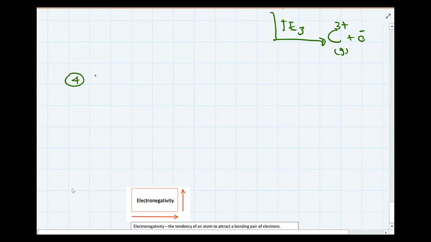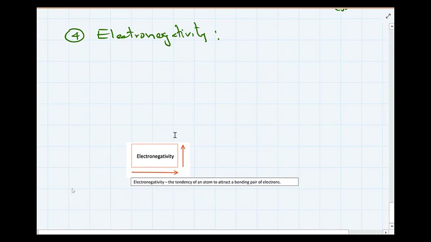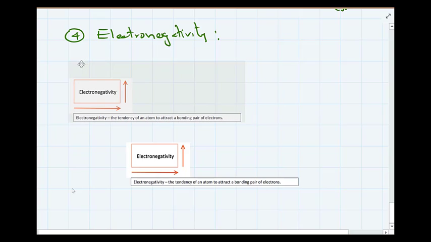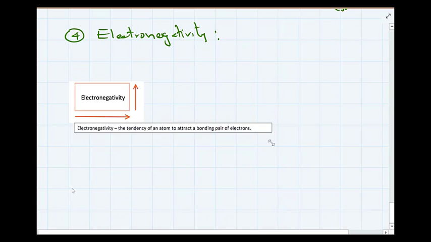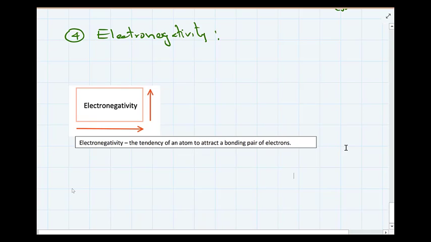Now the next property, number 4, is electronegativity. This is also a really important property. With electronegativity, we are talking about the nature of covalent bonds. I haven't talked about bonds yet. For now, we will look at hydrogen, H2, and HCl, right?